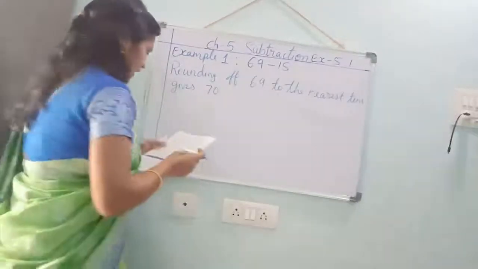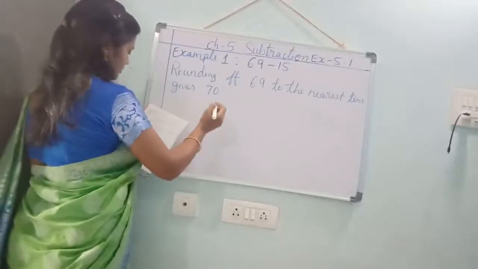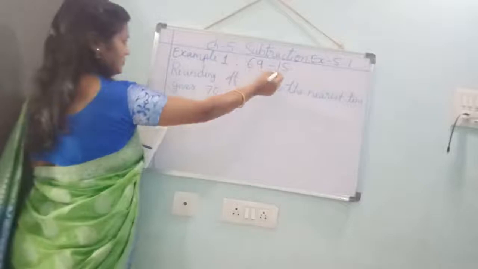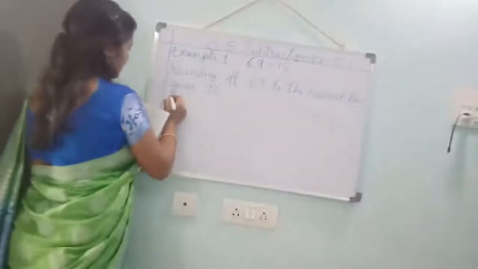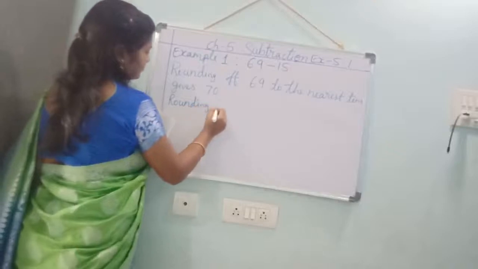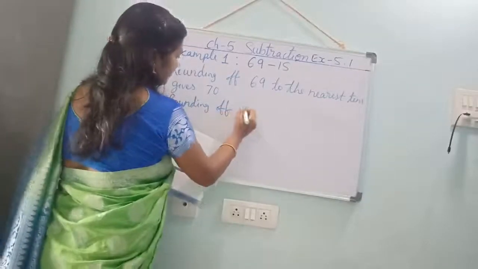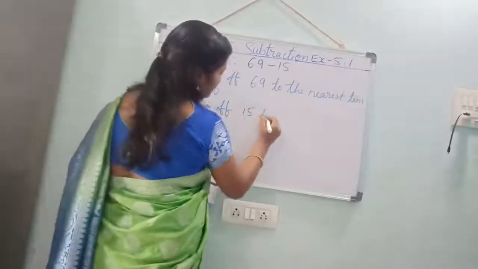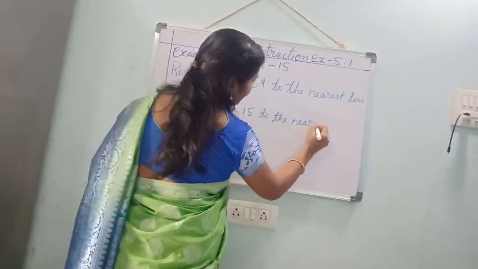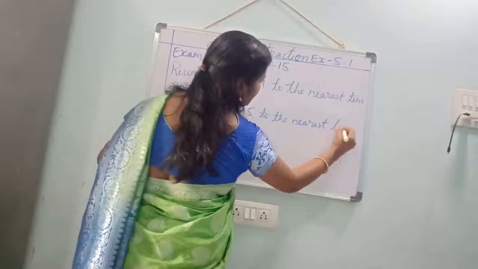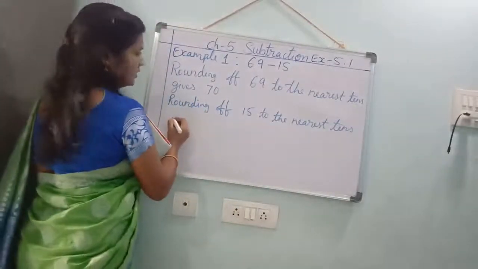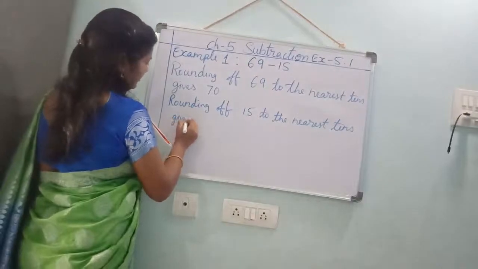And next which number? 15. As rounding off 15 to the nearest tens gives which number will come?